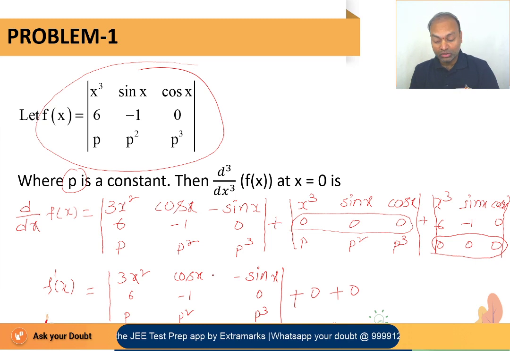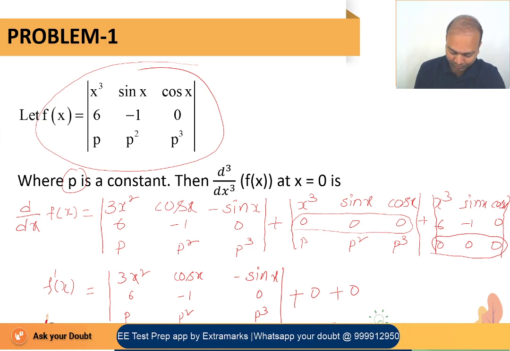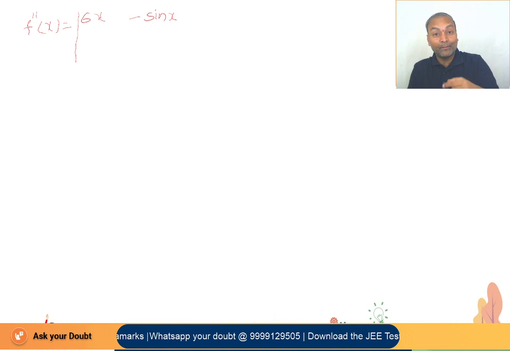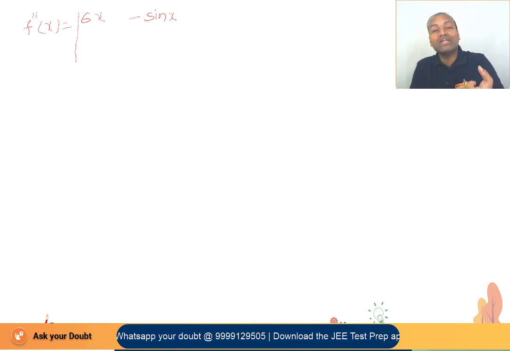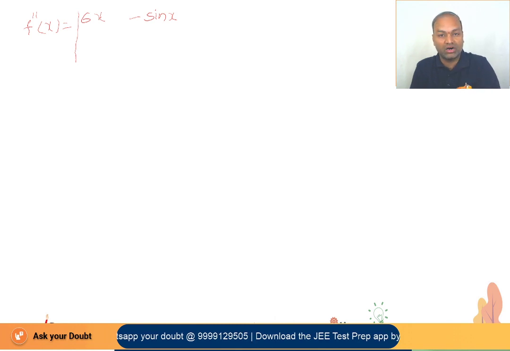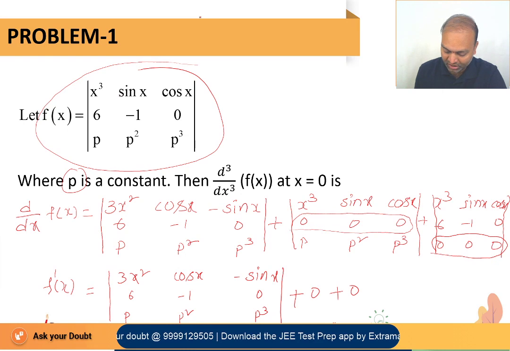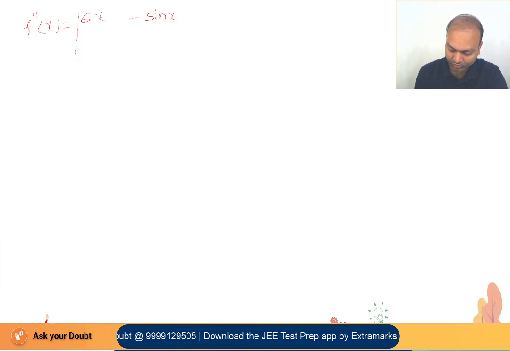The derivative of cos is minus sine. Next, third element is what? Minus sine. The derivative of minus sine is cos. So minus cos x.